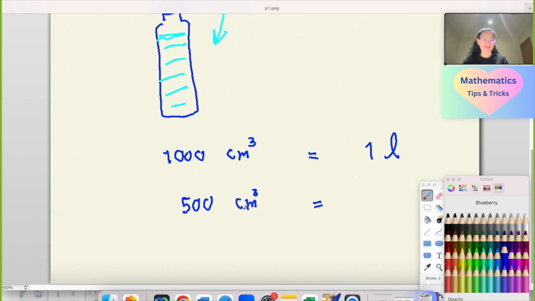Half. Yes, because you just divide 500 by 1,000 and then it's equal to 0.5. So that means it's just half a liter.